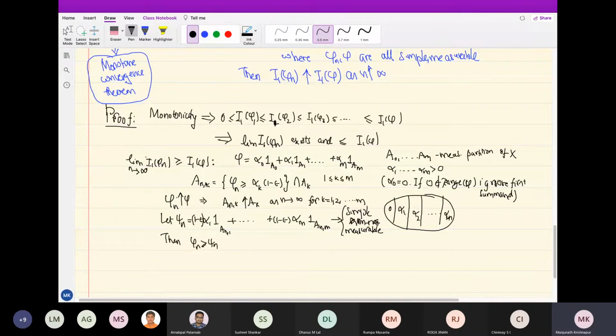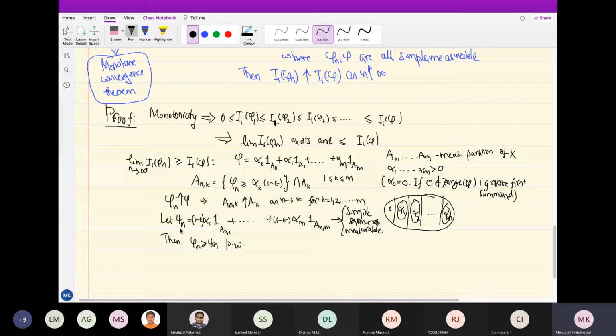By the way, A_n1, A_n2, up to A_nm are pairwise disjoint, because A_n1 is a subset of this, A_n2 is a subset of this, and A_nm is a subset of this. And phi_n beats psi_n on each of these sets. Outside that, psi_n is 0. So phi_n is greater than or equal to psi_n pointwise.